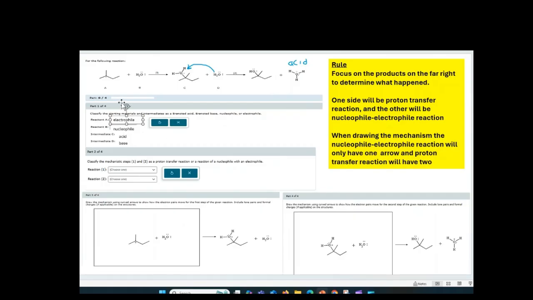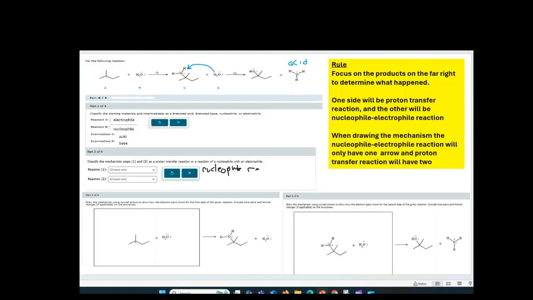Next, what ALEKS is asking us to do is to classify the reactions for each, and I'll just draw it here. For reaction 1, we see that it's an electrophile and nucleophile, so I'll just write it right here. That'll be the nucleophile reaction.